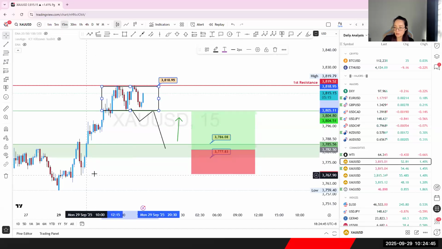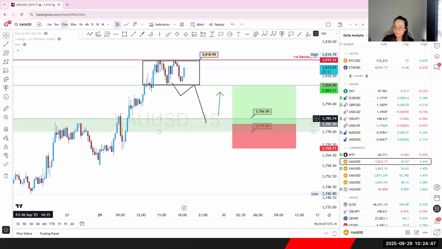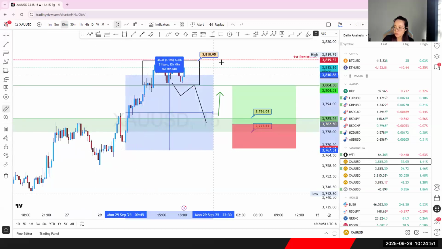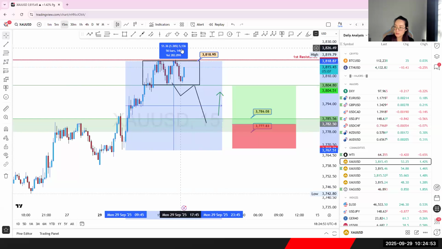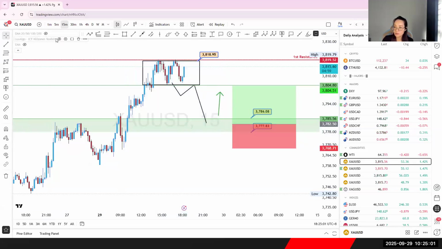You can see that from the Asia session all the way to London, it was 500 pips or 5,000 points. Let's say you were to just buy one lot, you earn $5,000 for gold, right?